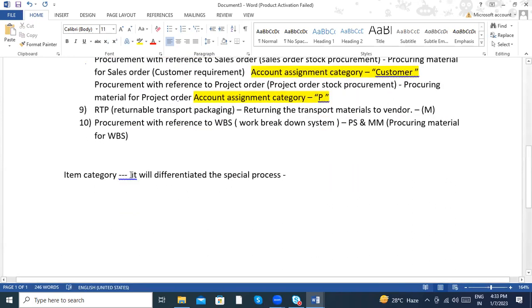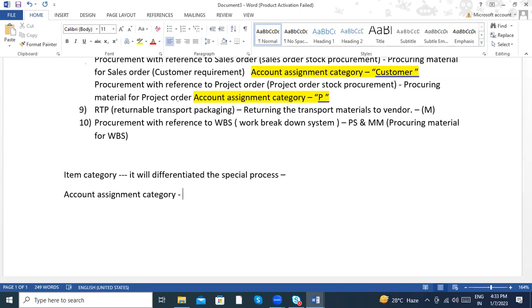So now what you need to understand here is that item category and account assignment categories are different. Item category will tell what kind of process it is. It's a different kind of process, not the standard process. It's something like a special procurement process. But account assignment category is not a business process. It is a kind of consumption.